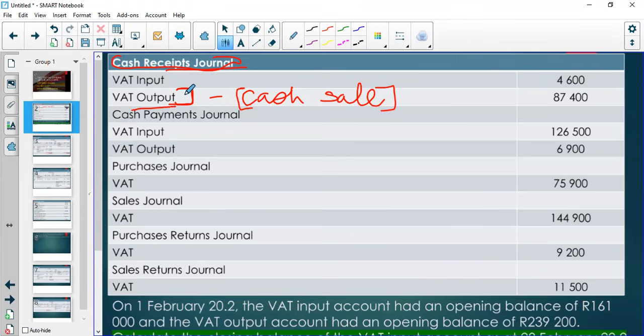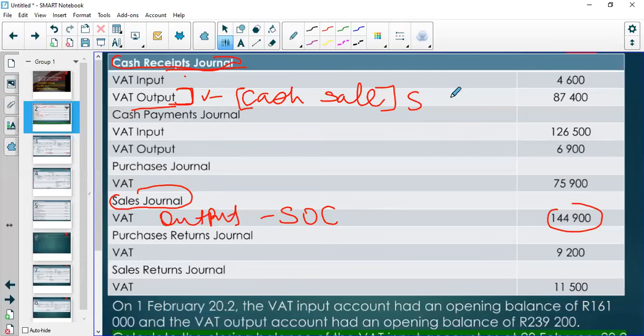Remember that if it is a sale on credit, then it won't be recorded in the cash receipts journal, but in the sales journal. So that would be VAT output that we recorded from making our sales on credit, but this is a sale on cash. So when we recorded that sale, we had to debit bank because we received cash.